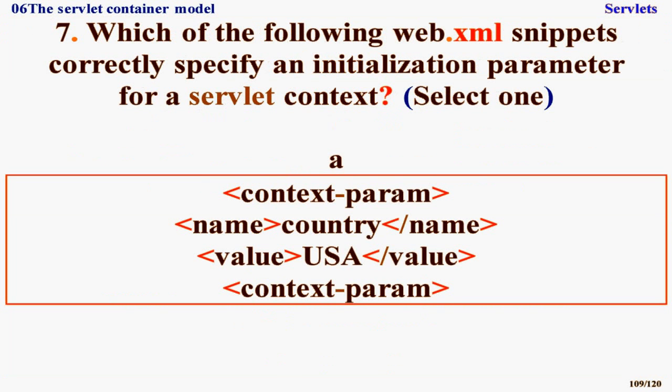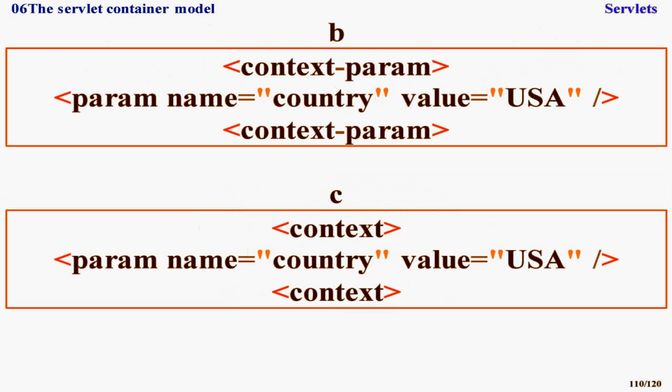7. Which of the following web.xml snippets correctly specify an initialization parameter for a servlet context? Select 1. A. context-param, name, country, name, value, USA, value, context-param. B. context-param, param-name equal country, value equal USA, context-param. C. context-param, name equal country, value equal USA.